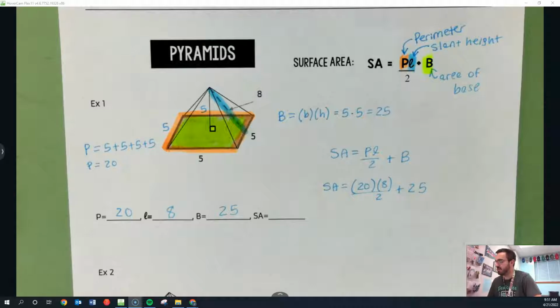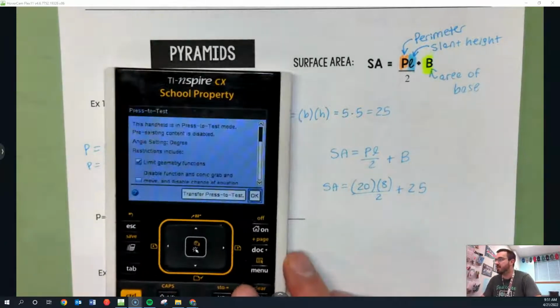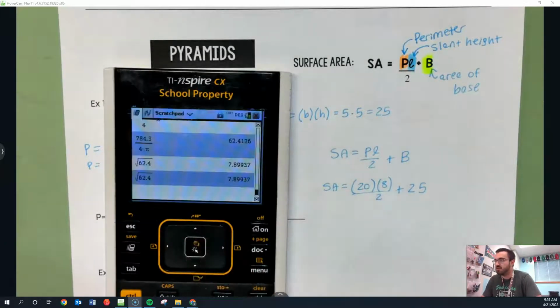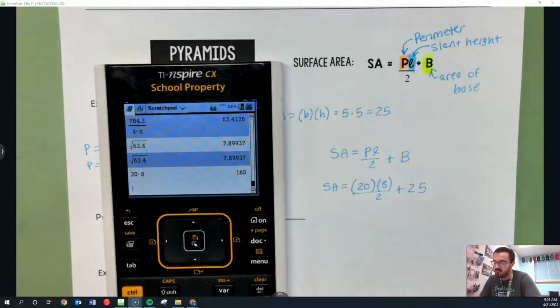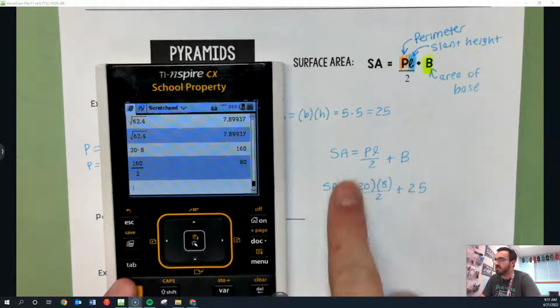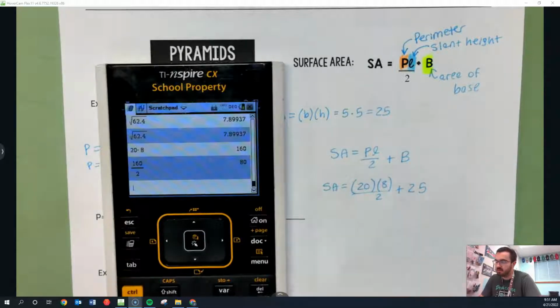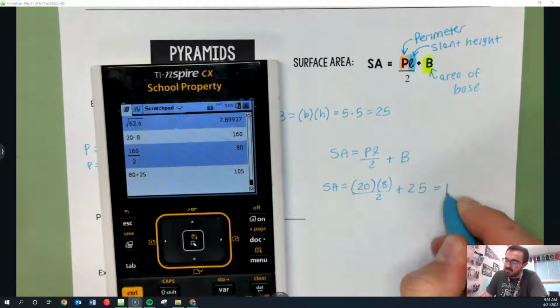Okay, let's see what we get. Let's do this one step at a time. Personally, if I were you, I wouldn't try to put too much at one time. I would just do this part. So I would do 20 times 8 divided by 2. I would get 80 for this part. So this is 80 plus 25, 105. However you want to do it, that's how I do it.